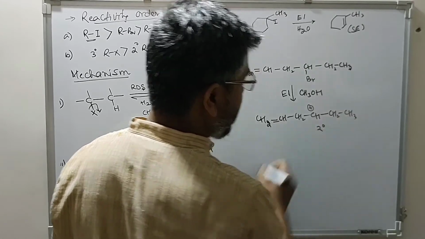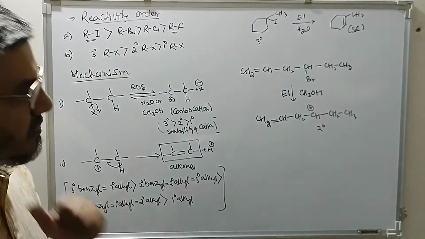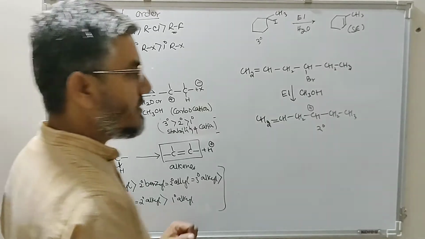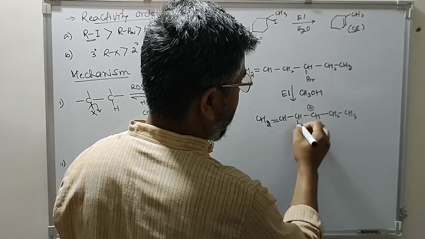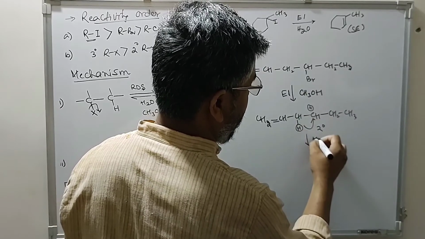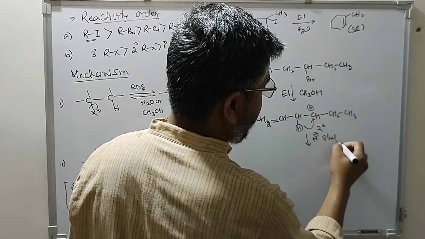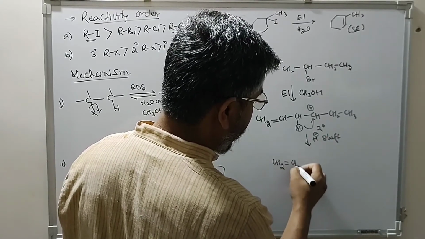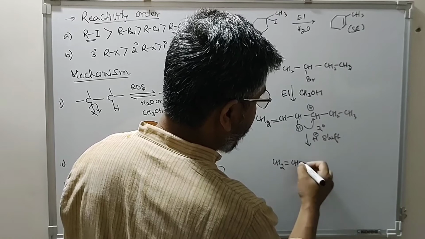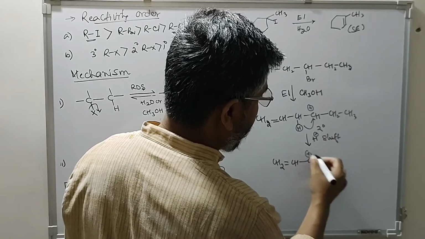If you look at this, it is secondary. Now this secondary cation undergoes a rearrangement by hydride shift. By this hydride shift, we are getting a much more stabilized, resonance stabilized carbocation.